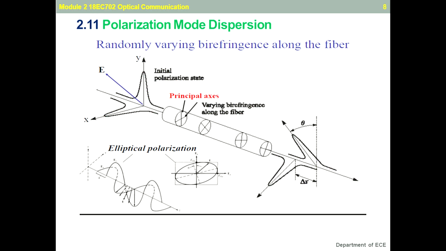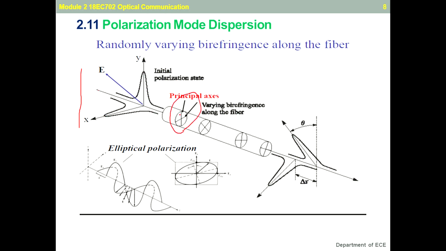Here we can see the initial polarization state, the two components, x and y direction, are given like this. When it travels through the fiber, initially the condition is like this.